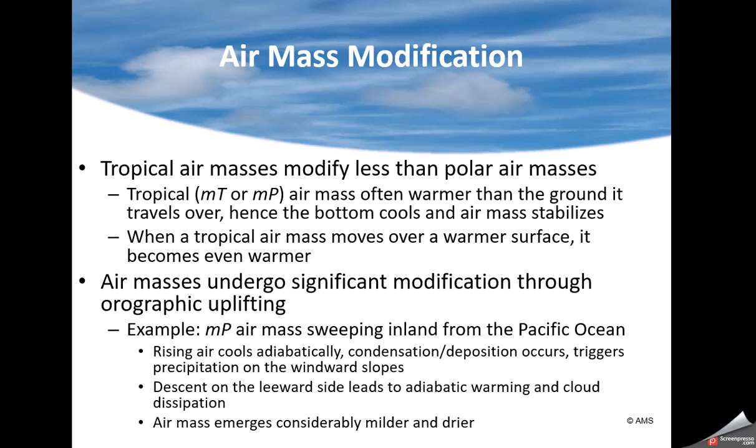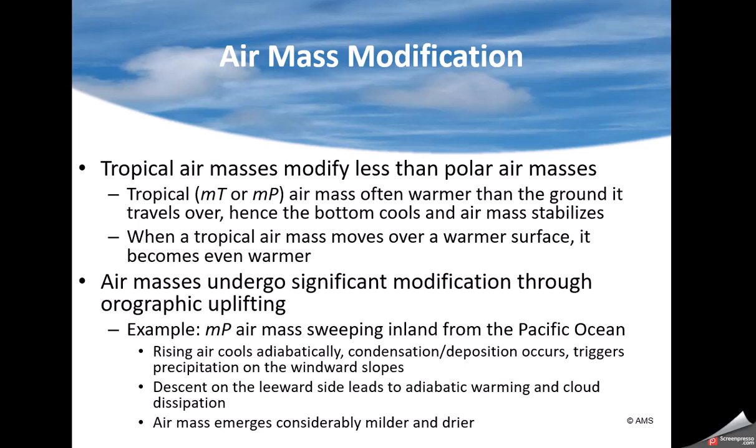Air masses will modify. Obviously, think about it. If I have an air mass that's coming out of Canada and you had snow on the ground in Ohio, when the air mass is moving down, it's modifying some, but it's not modifying a lot. However, if I didn't have snow on the ground in Ohio, for example, or in West Virginia, what would happen to those air masses?